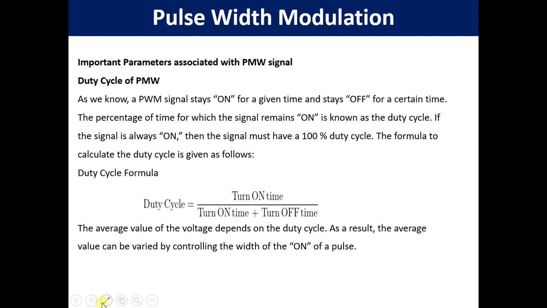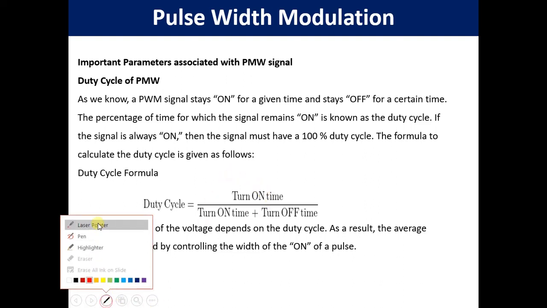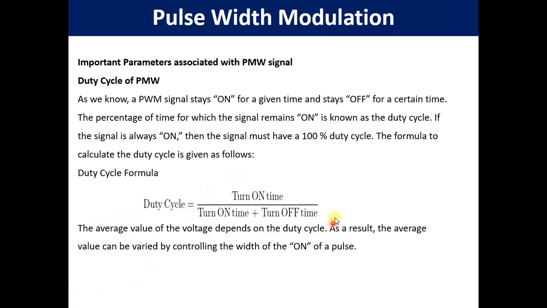Duty cycle is equal to T on divided by T on plus T off. The average value of the voltage depends on the duty cycle, and the average value can be varied by controlling the width of the on period of a pulse.